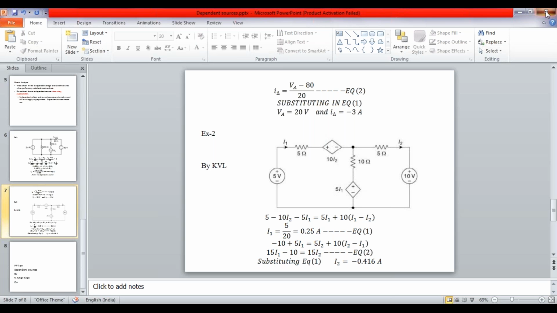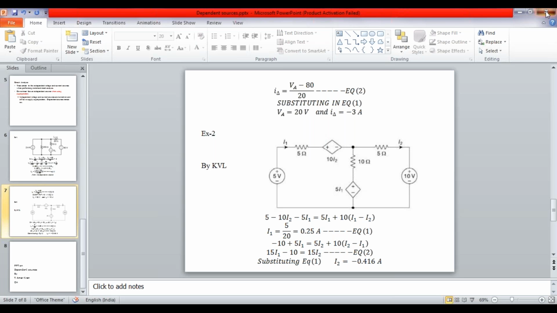Now similarly for the second loop, the active elements in this loop equation are 10 volts and 5I1. For this one it is plus 5I1, and it is minus 10 volts, because this loop current is entering the positive terminal.